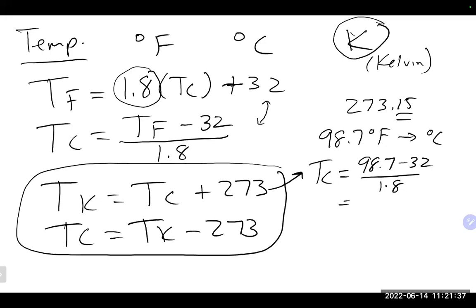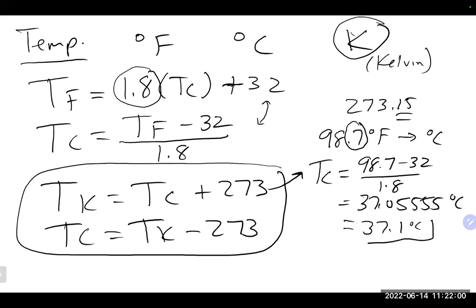That gives us on our calculator 37.0555, a bunch of fives. Our original temperature went to 1 decimal place, so we would round this to 37.1 degrees Celsius in this particular case.